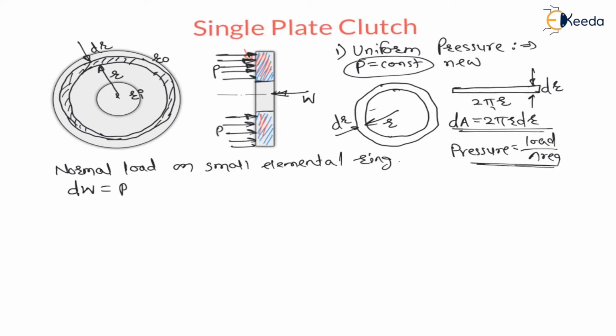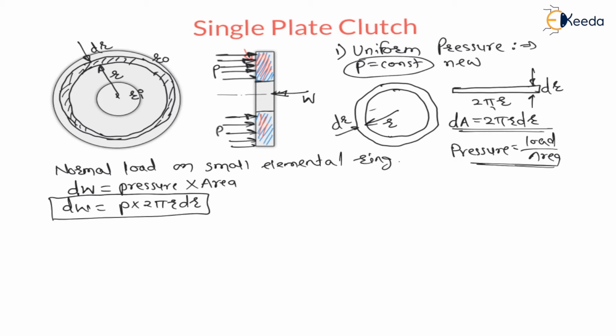Therefore very small load dW is equal to pressure into area of this small elemental ring. Pressure is constant, P into area 2 pi r dr. This is the small normal load acting on the ring, or we can say on the pressure plate, or the steel plate, or the clutch plate, right?